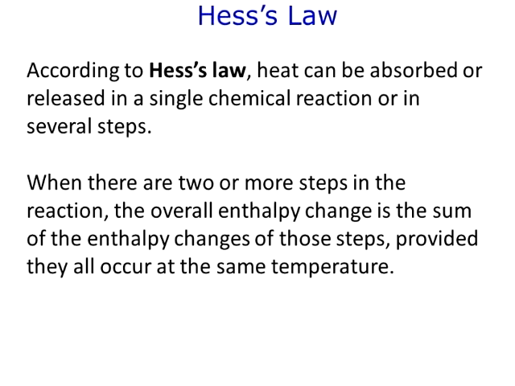First of all, according to Hess's law, heat can be absorbed or released in a single chemical reaction or in several steps. In other words, the heat of reaction can happen in one step or several steps in the chemical reaction. When there are two or more steps in the reaction, the overall enthalpy change is the sum of the enthalpy changes of those steps, provided they all occur at the same temperature.